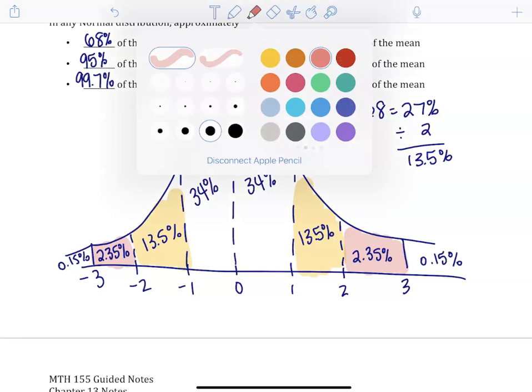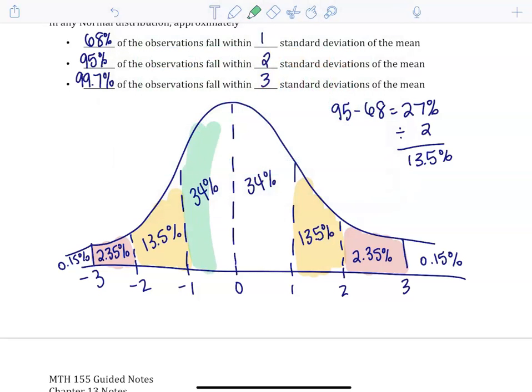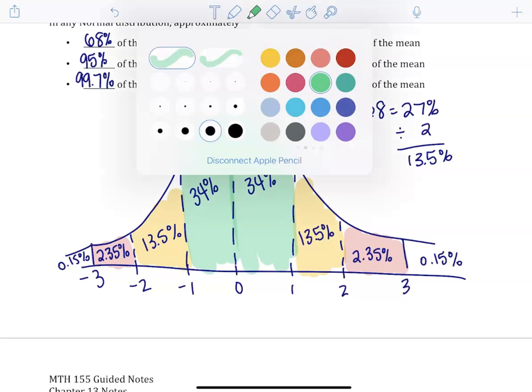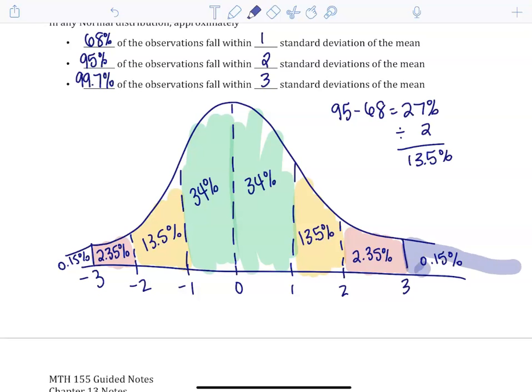So I'm going to continue to color code this so we can have these different sections. And then the last one actually goes on forever. And so we have this distribution, which I find to be a little bit easier to answer questions like we'll see in the example.